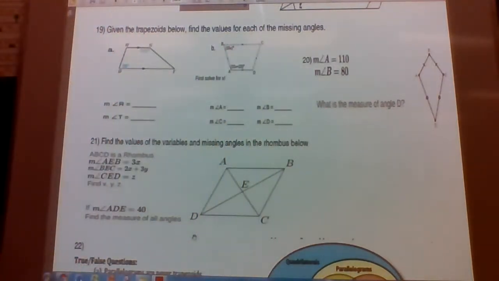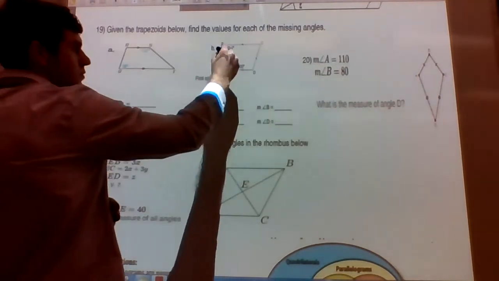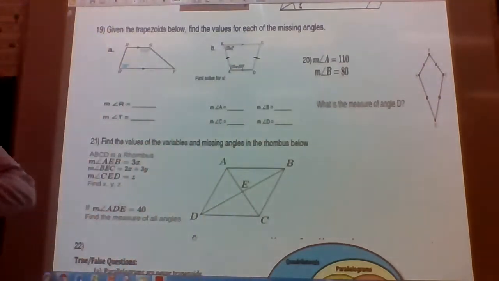So trapezoids. One of these in 19 is isosceles, one is not. We know the second one's isosceles because we have AB congruent to CD. The other one is not. The only property we have for a trapezoid that is not an isosceles trapezoid is that the consecutive angles between the bases are supplementary.